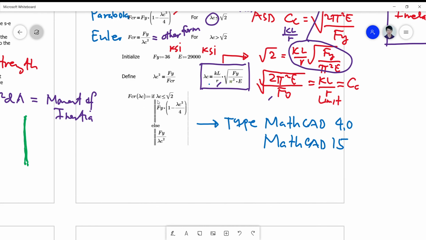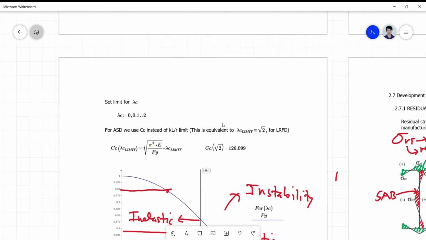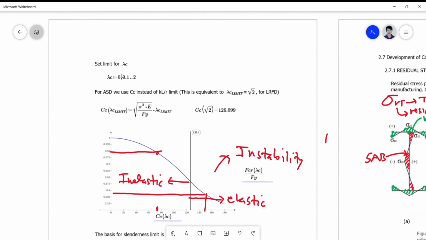So this is just MathCAD, a keyword I define, such that your graph for the equation on the function C sub c is as a function of the lambda sub c limit here in this form.